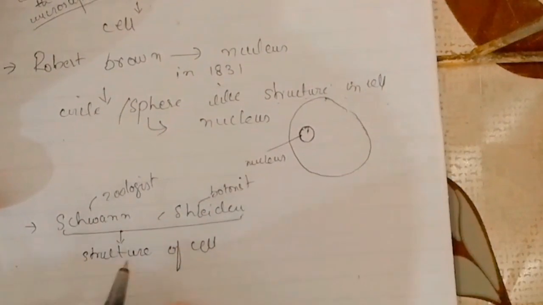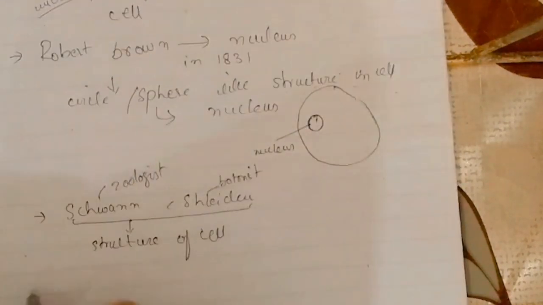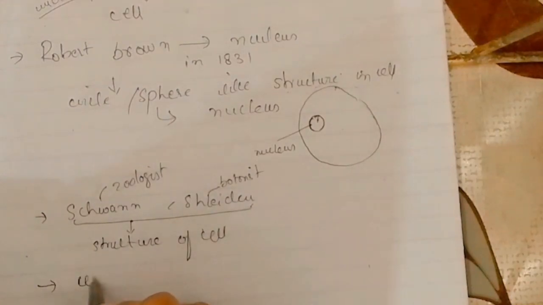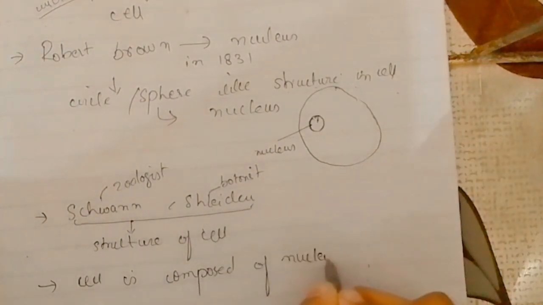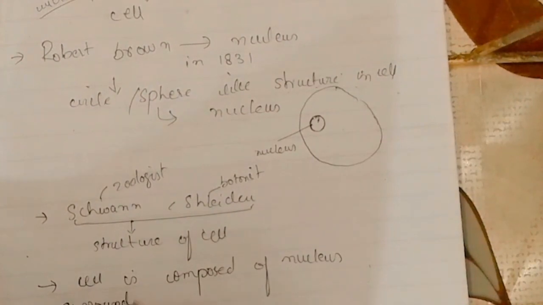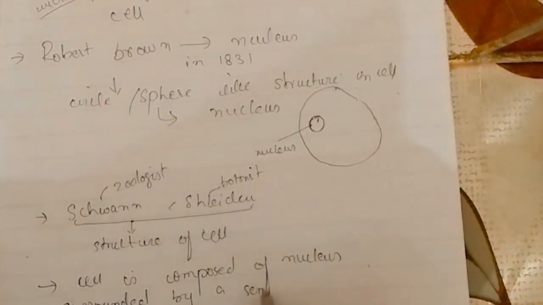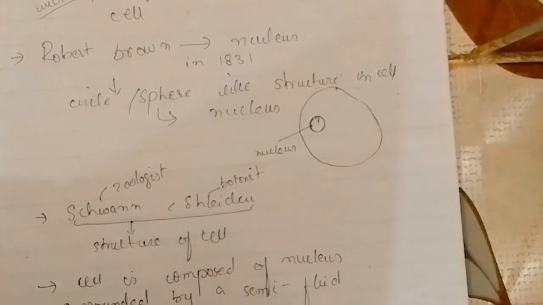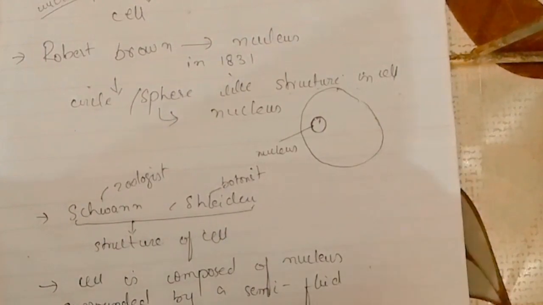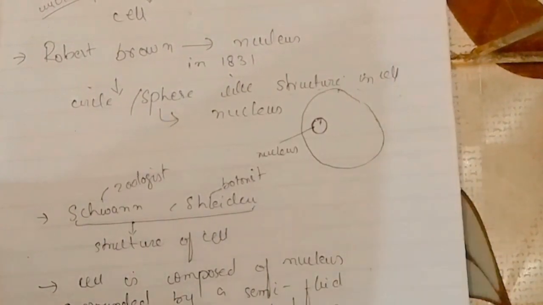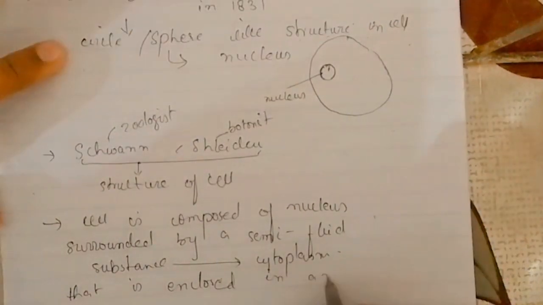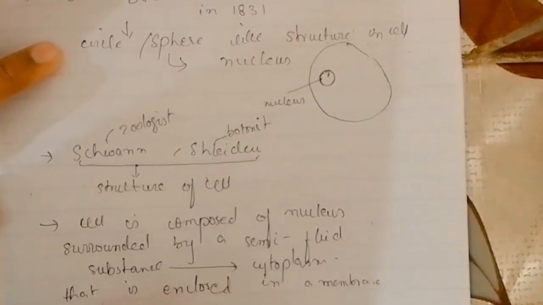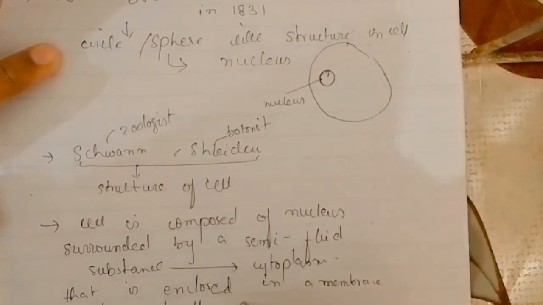Schwann said that the cell is composed of a nucleus surrounded by a semi-fluid substance that he named cytoplasm, and the cytoplasm is enclosed in a membrane that is known as the plasma membrane or the cell membrane.